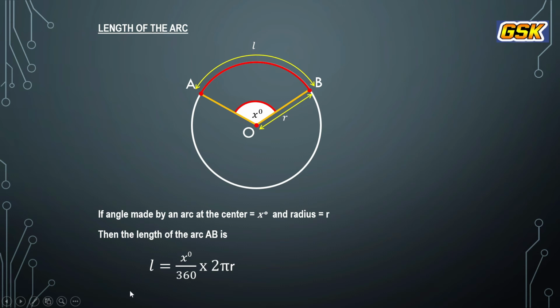If we use this formula, we will get the length of the arc AB.